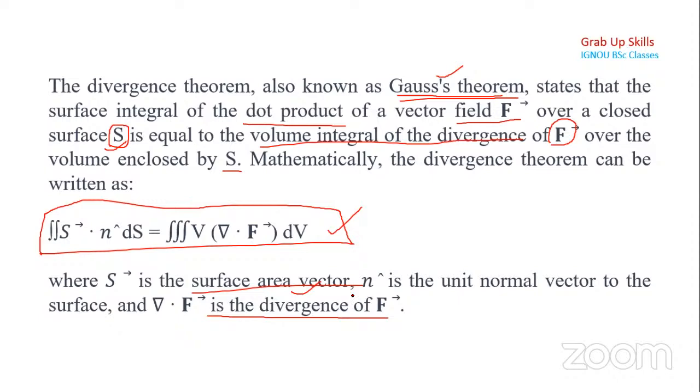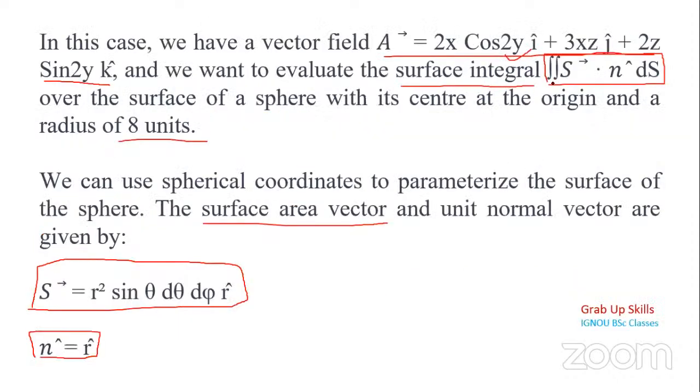Now we want to evaluate the surface integral. This is the formula over the surface, and they have given the radius as 8 units, right? So we can use spherical coordinates in order to parameterize the surface of the sphere. The surface area vector formula is this, and this is for the unit normal vector.